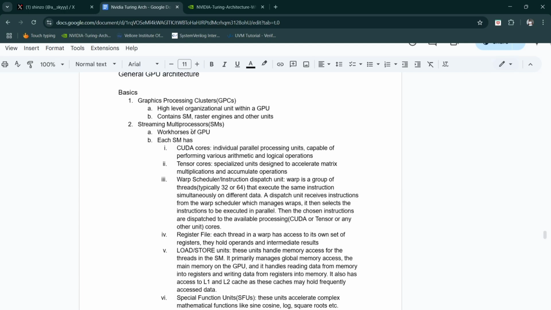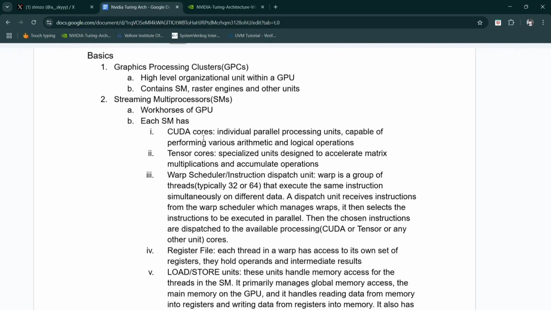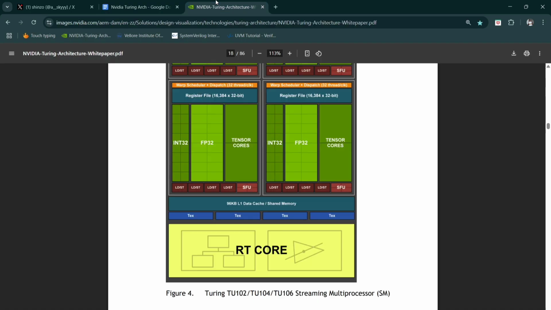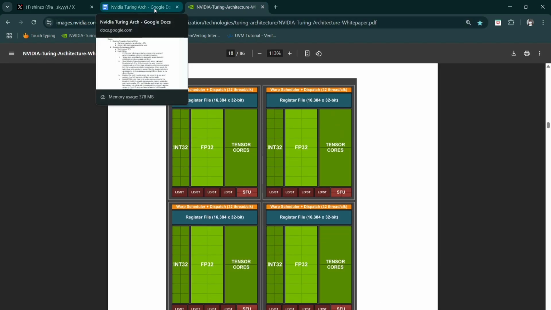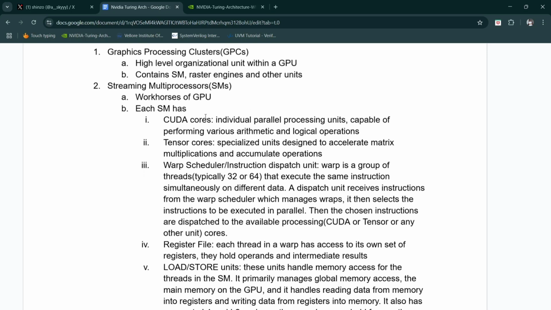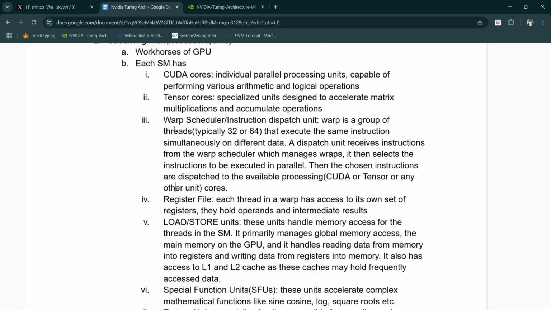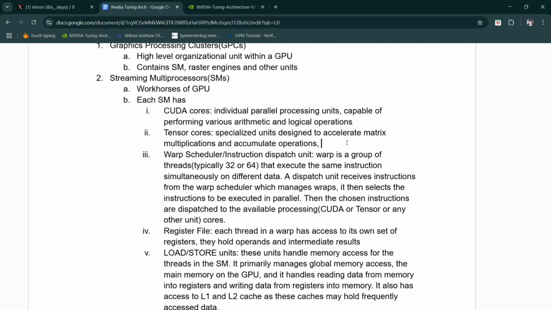Now let's see in detail. Streaming multiprocessors are the main workhorses of the GPU. Each SM has CUDA cores, which are basically those integer and floating point cores I talked about. These are basic ALUs. They perform all the arithmetic, logical, minimum, maximum, all the operations that are needed for mathematics. And then you have tensor cores. These are specialized cores for matrix multiplication and accumulate, that is MAC.